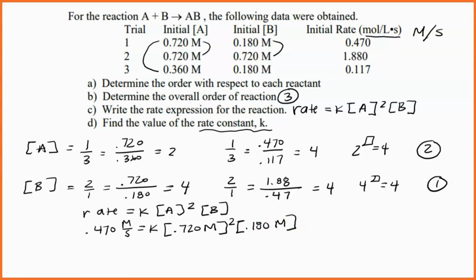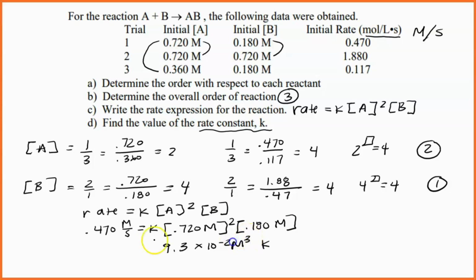I'll first multiply my concentrations. Make sure you're squaring the 0.72. I really just like to keep that value in my calculator so I don't have any intermittent rounding, but I'm writing it out so that we can figure out the units. If I had M squared times M, what's the exponent?